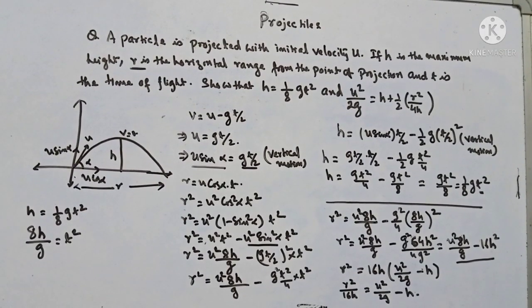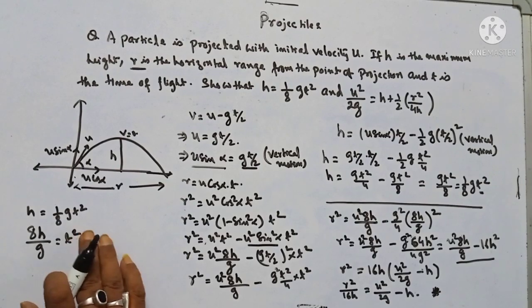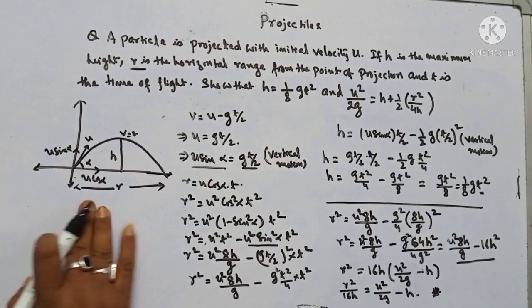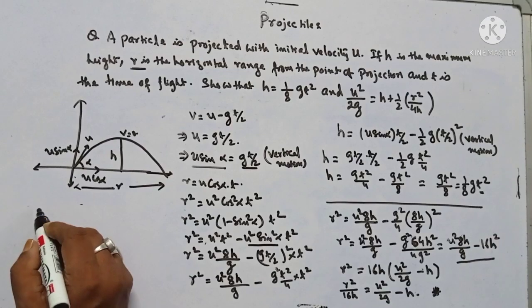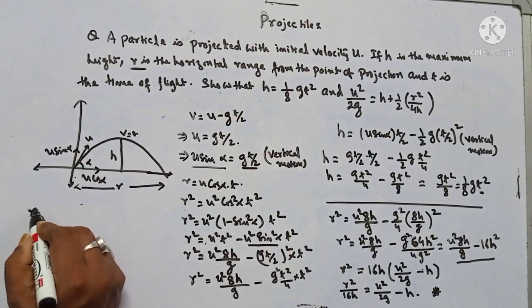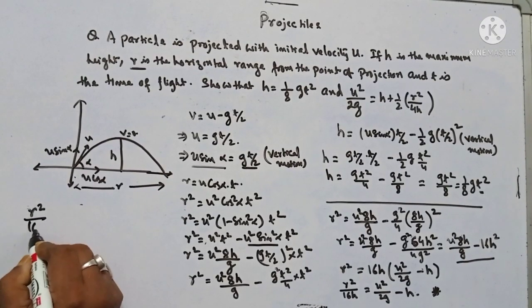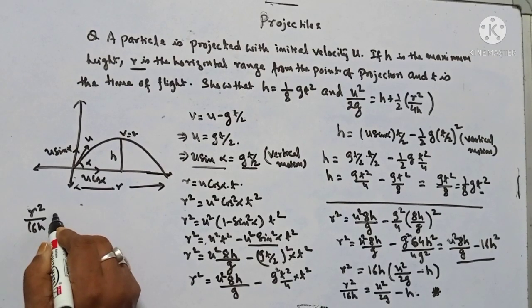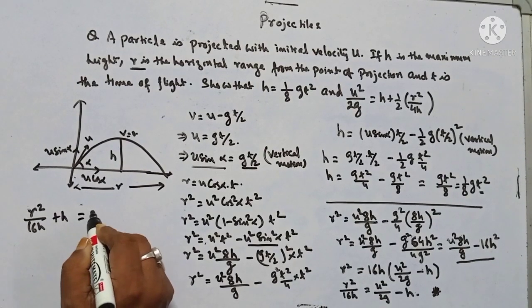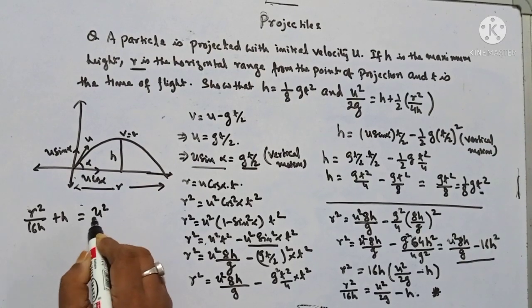Now almost it is solved. Now let me bring this to this side. This will be r square by 16h plus h, that will be equal to u square by 2g.